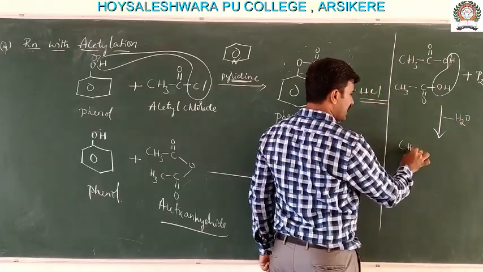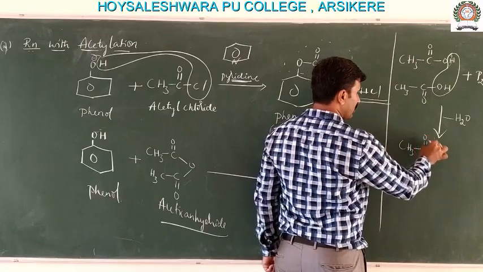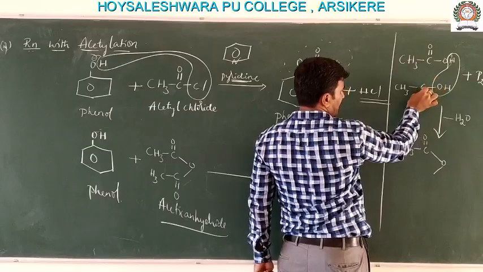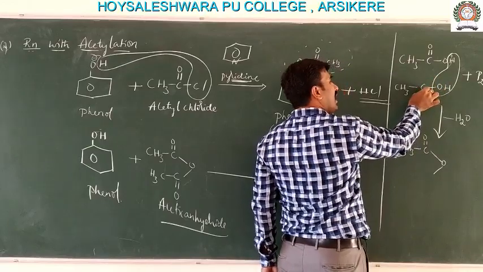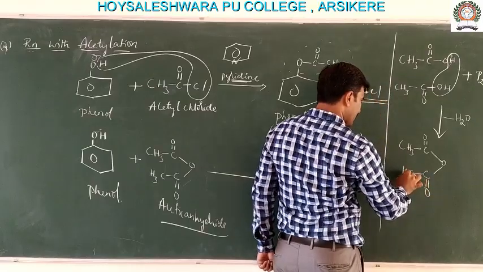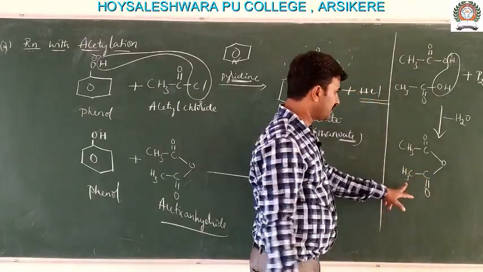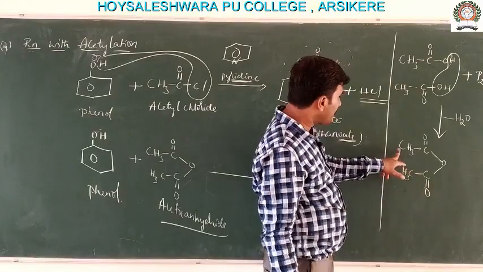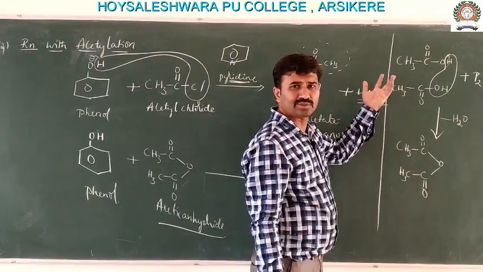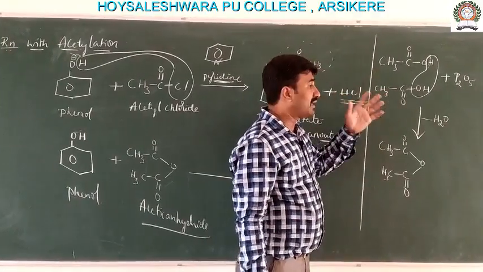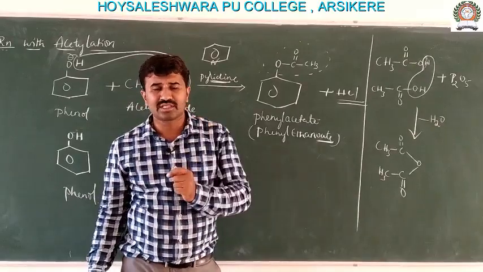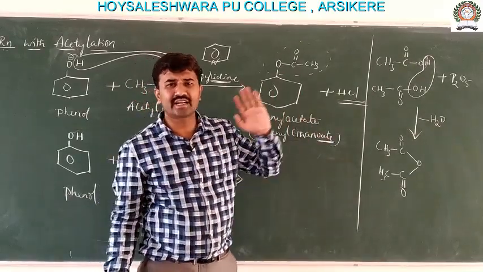See, CH3C double bond O, this oxygen atom is bonded with the carbonyl group of another acid molecule, CH3C double bond O. See, this is anhydride. In this example I am using CH3, but we can use any of the R groups, methyl, ethyl, propyl. That means anhydrides can be obtained by reacting carboxylic acids with strong dehydrating agents.